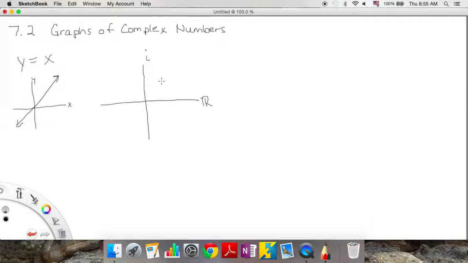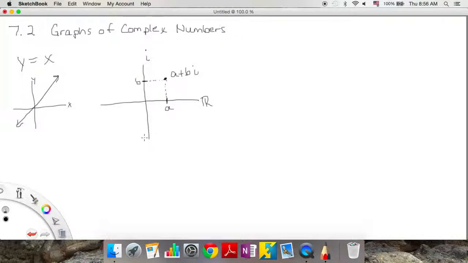If we have a complex number, a plus bi, remember, we have this real part a, so this coordinate on the real line is a, and we have this imaginary part b, and that means we went up b on the imaginary axis.